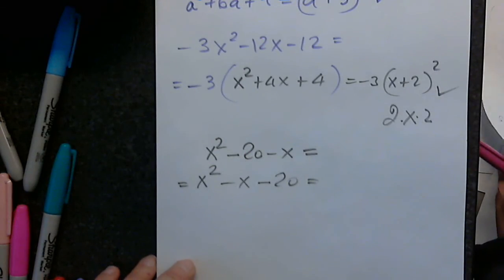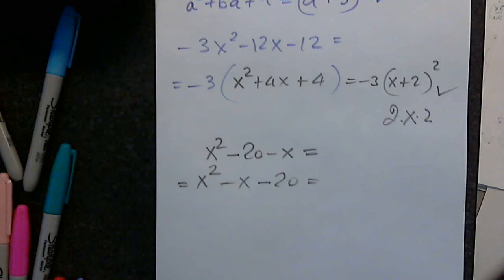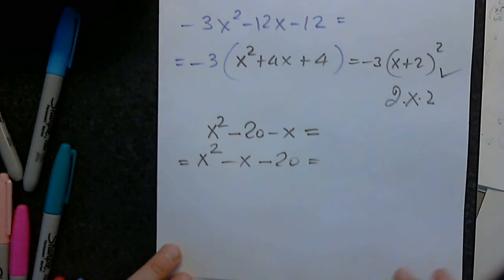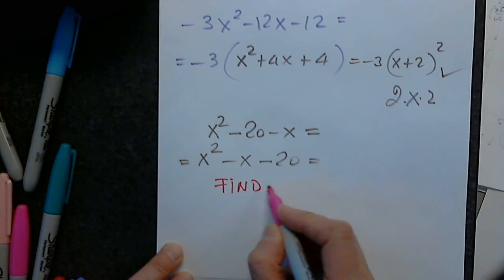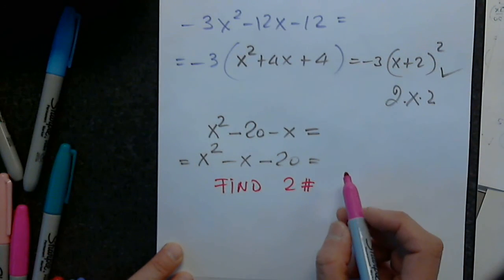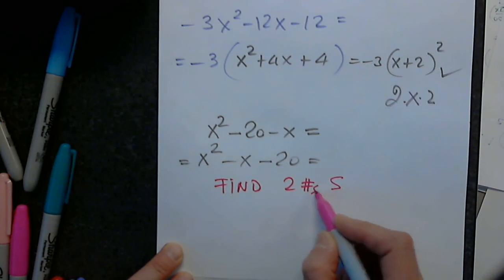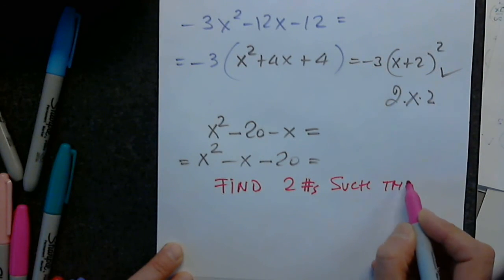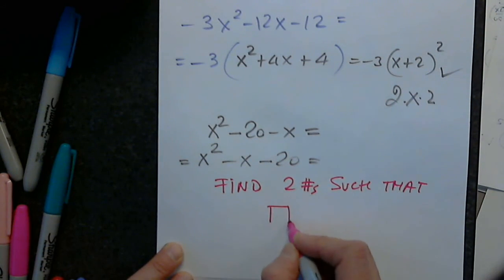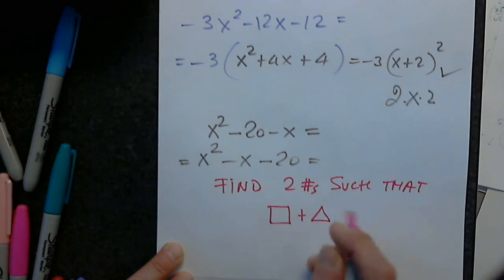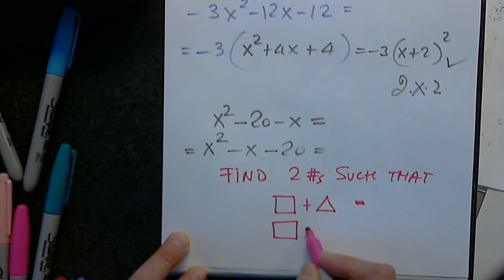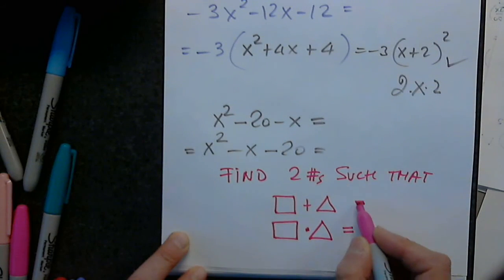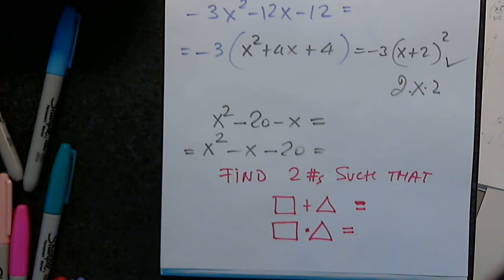Okay, ready? The strategy for something like this is the following. We are looking to find two numbers such that the sum of these unknown numbers is this, and the product is this.